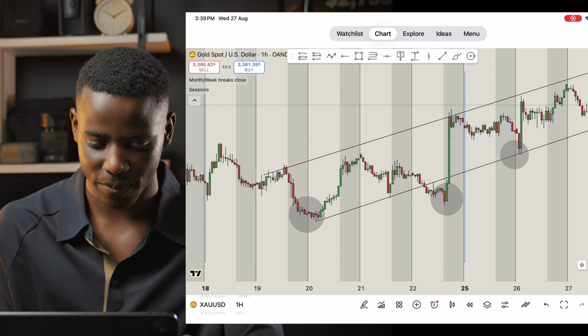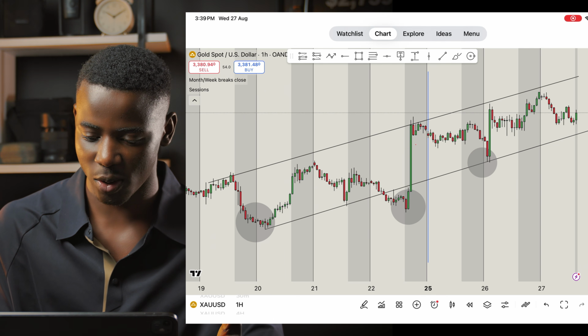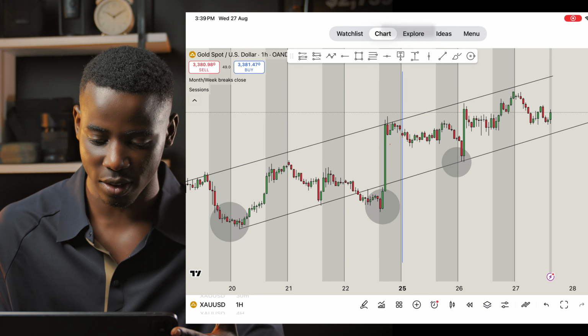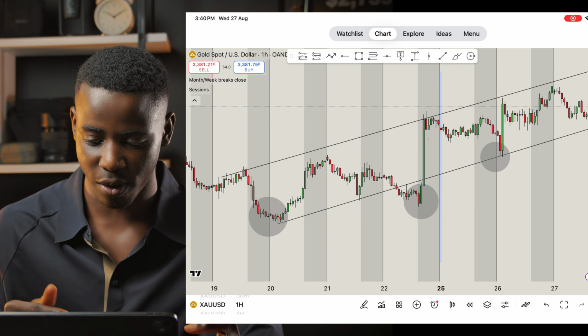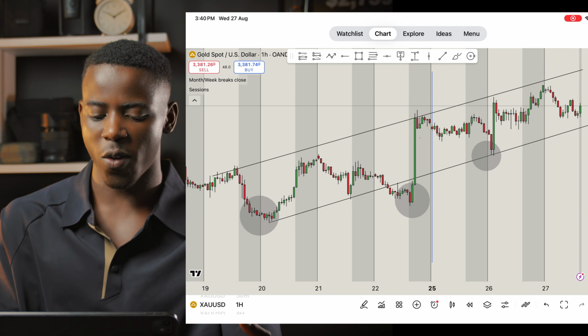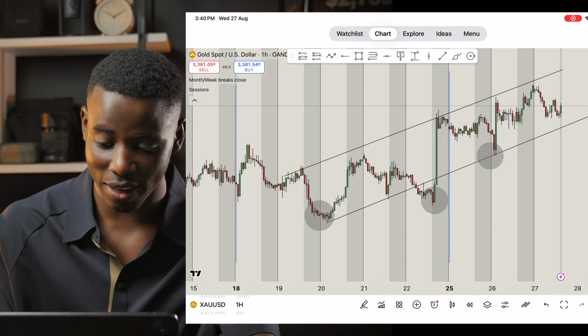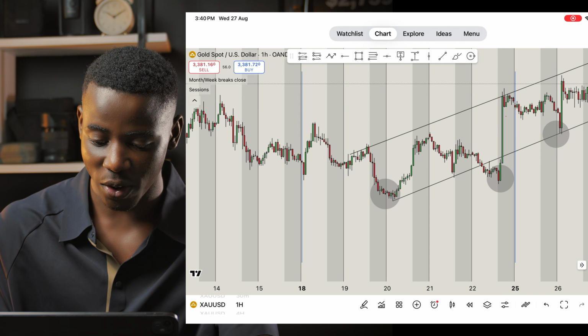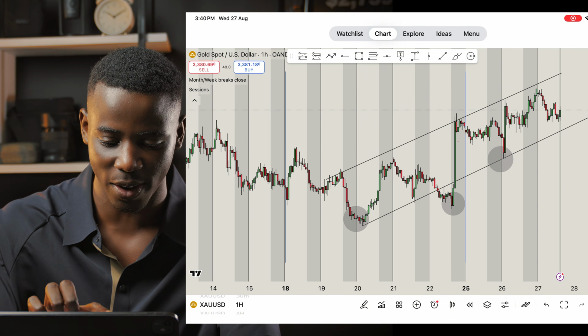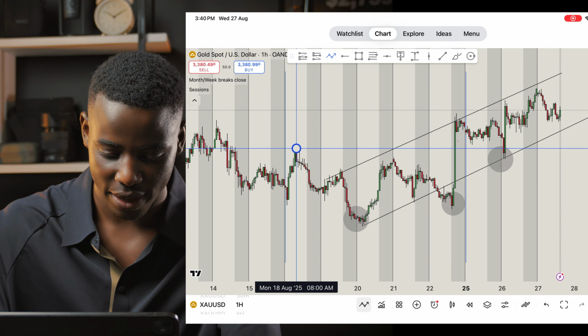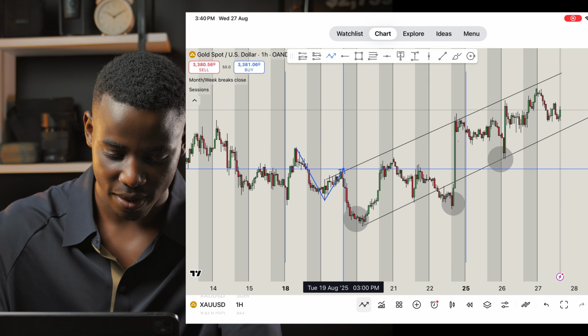You can see a very matching inverted head and shoulder, which is one of the patterns for reversal price action. Why does this head and shoulder get created? You will see that we are having right here a high, a low, a high, another high, and a lower low.